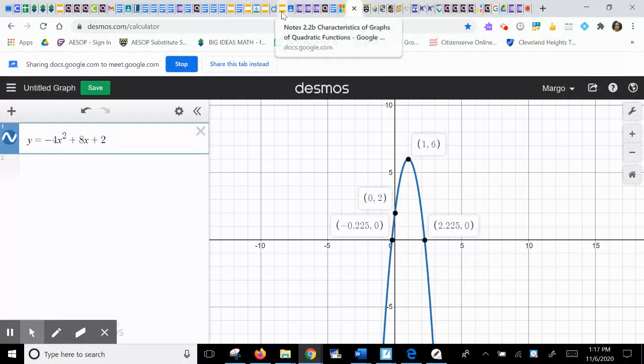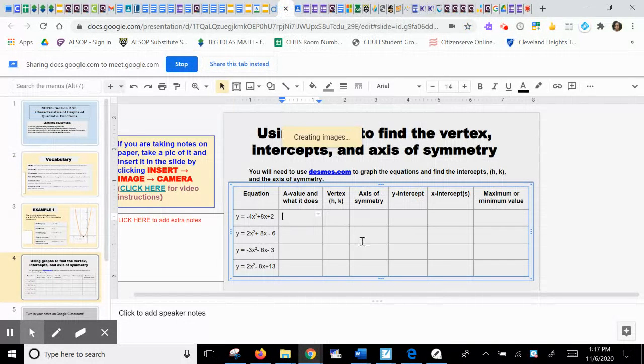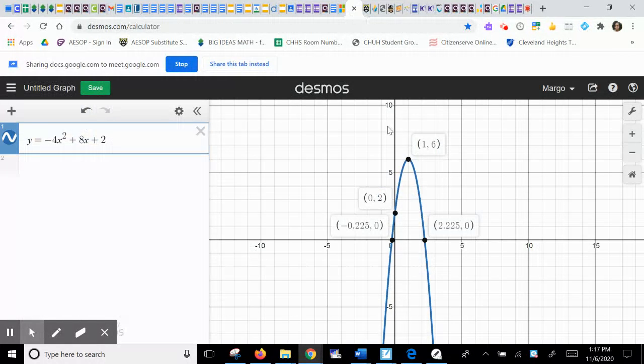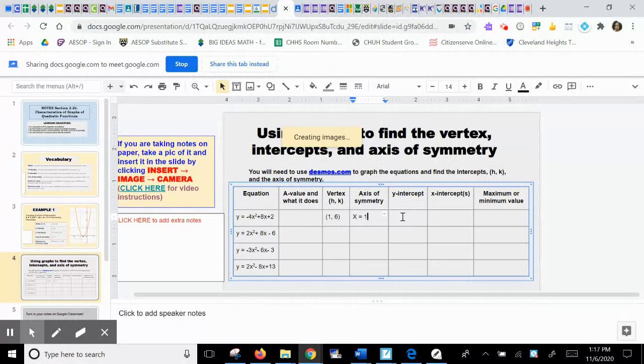So let's fill in our table, starting with the vertex. So the vertex is (1, 6). The axis of symmetry is x equals h, and h is 1, so x equals 1. The y-intercept is right here at (0, 2).